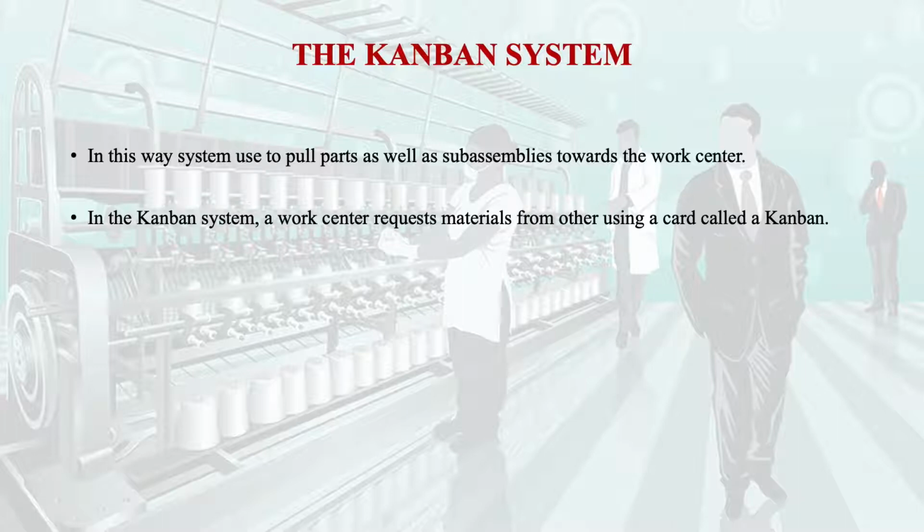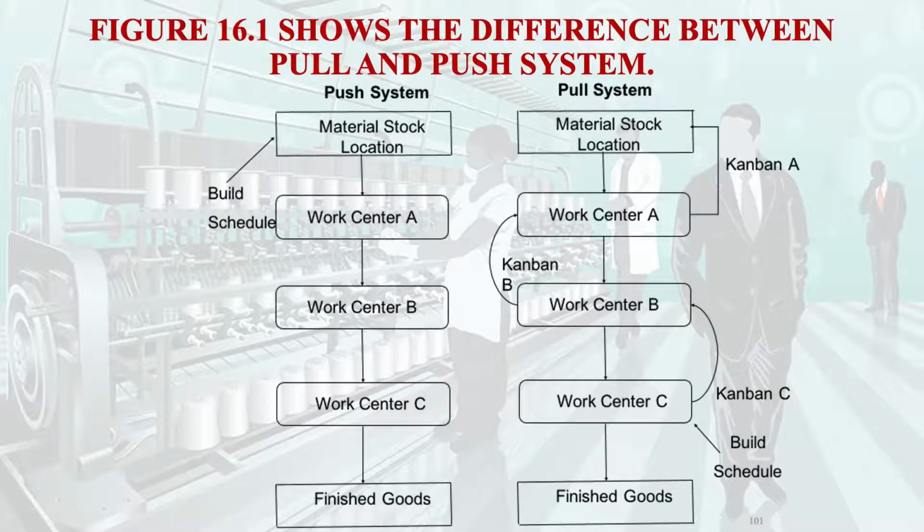In the Kanban system, a work center requests material from another using a card, and this card is known as Kanban. Now we will show you a figure that will differentiate between the pull and the push system.